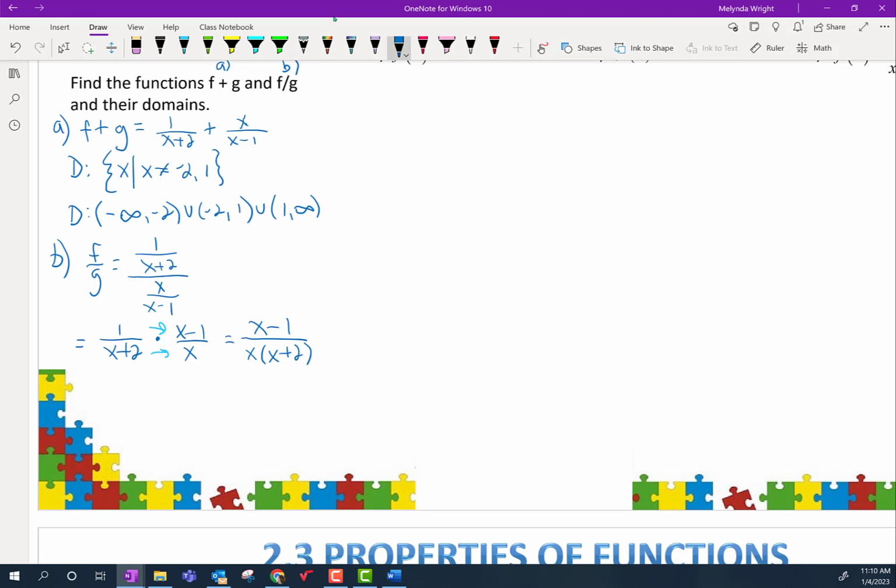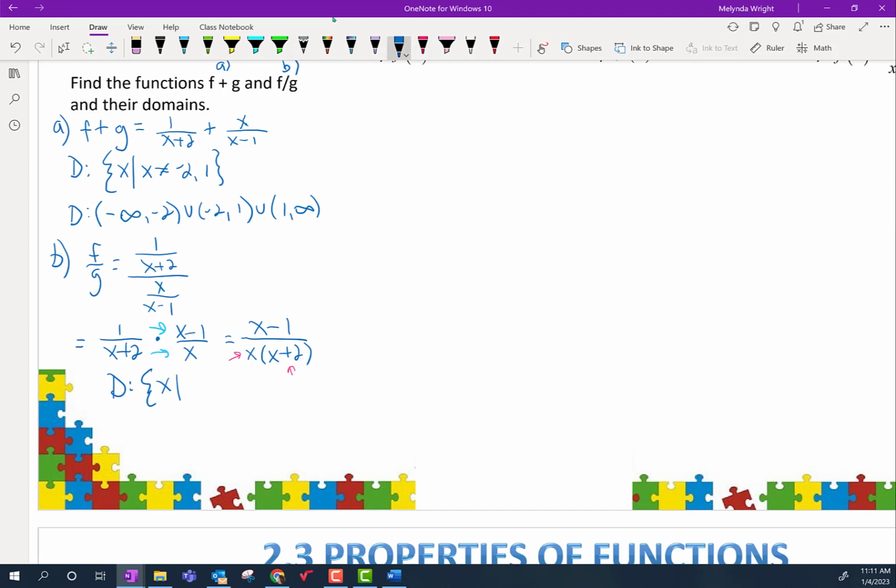Okay, so now what we have to do is we have to look at what we have and decide what our domain is. What is our domain? I'm going to do the same. I'm going to write it in set notation, all x such that. So looking at the denominator, I can see that x can't be 0 and x can't be negative 2.